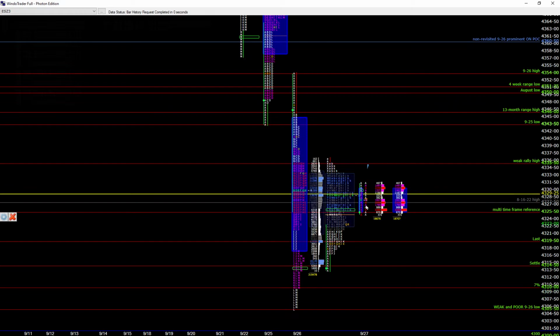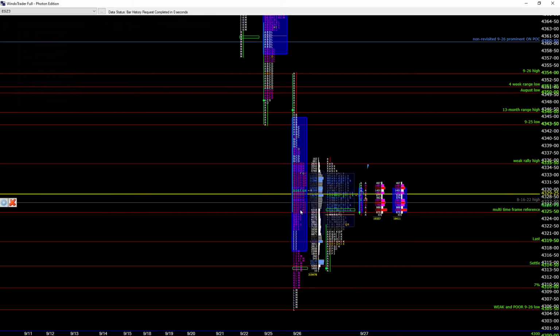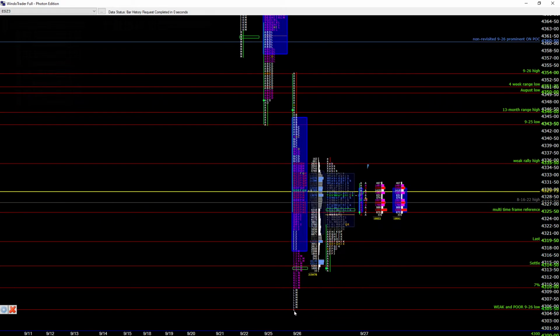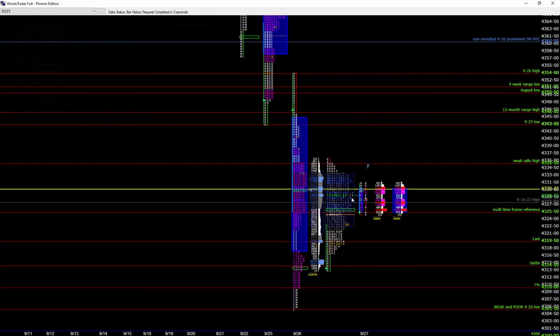You have this range. We have a big break, for example, takes this low and the market comes all the way down to here, outside this. That's the exception. It could be to the downside, could be to the upside as well.